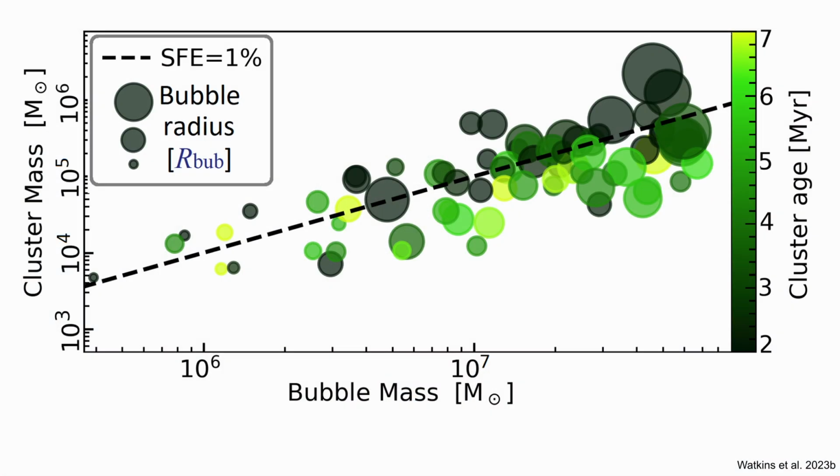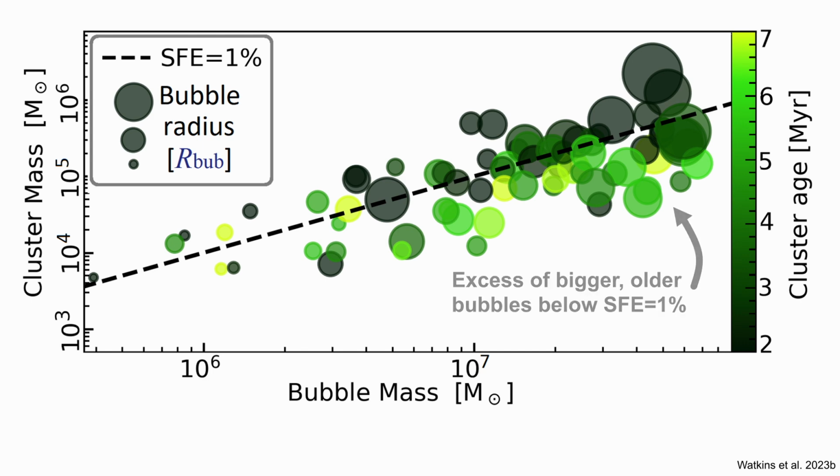If we assume that stars formed at 1% efficiency from the gas in these shells, though the exact percentage doesn't matter, an increase in the ratio of stellar mass over molecular gas mass in time will show that molecular gas is being destroyed. However, what we instead see is as bubbles get bigger, as indicated by the size of the markers on the figure, and as they get older, indicated by the lighter green marker colour, we see that there is too much molecular gas in the shell to explain the stars in the centre.